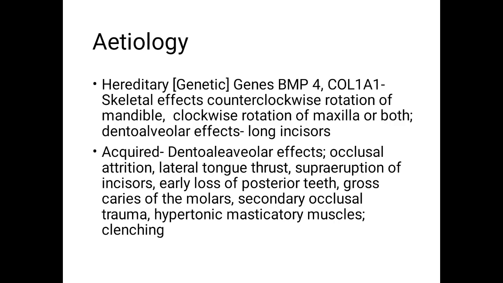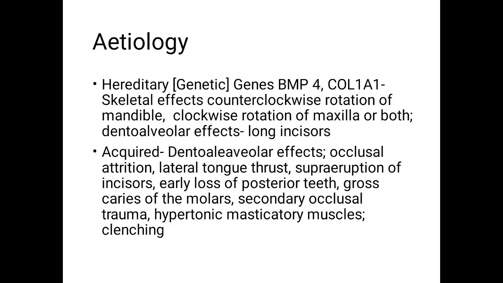These genes can also affect the dentoalveolar processes, causing excessive growth of the anterior labial segments at the expense of the buccal segments. The labial segments are the anteriors: canines and incisors. The buccal segments are the posteriors: premolars and molars.